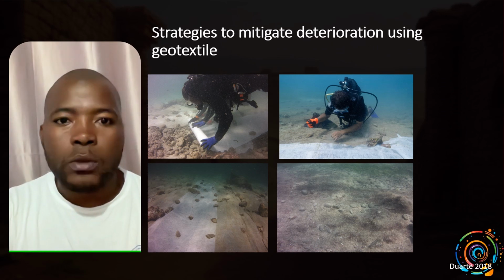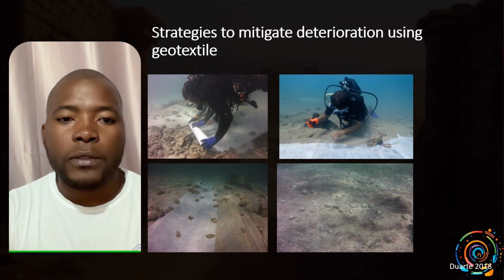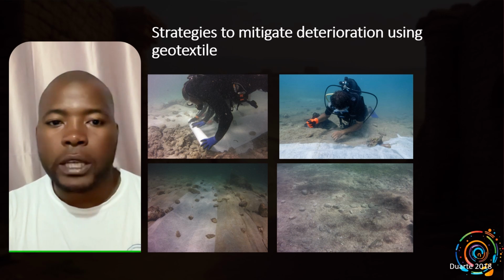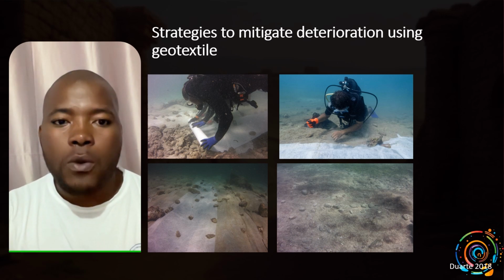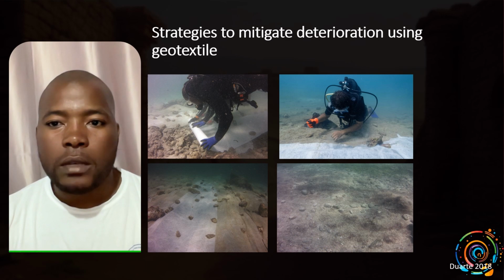So after we have seen the main damages and how these things happen, we have decided to mitigate the situation. So we had to do some research in terms of how we could mitigate this situation. From the studies that we have conducted, a geotextile seemed to be a perfect solution to mitigate this situation of one of the shipwrecks in Mozambique Island.